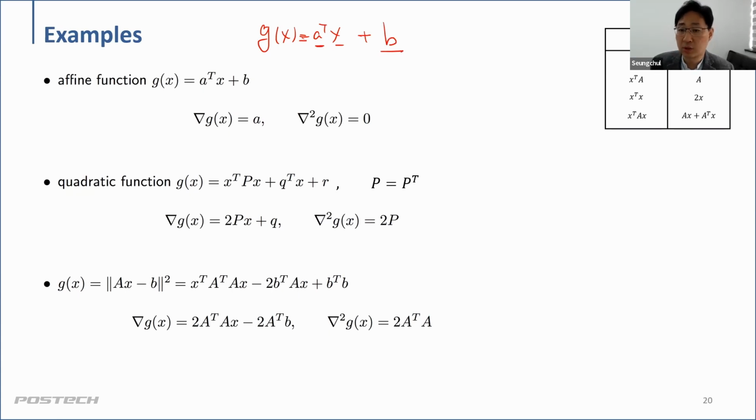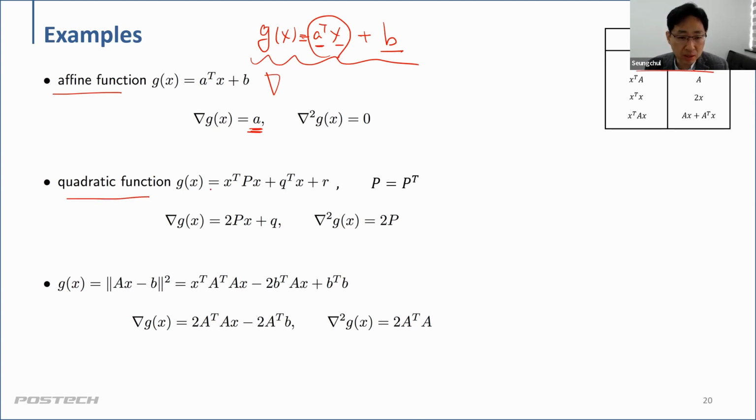That's not a linear transformation. But we call it an affine function or affine transformation. So this one is an affine transformation. To compute the gradient, I use that, and looking at here, A transpose, I mean here is a capital A, is a small a, transpose, and the transpose is equal to itself.